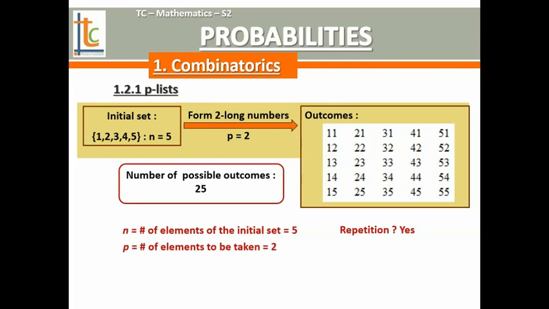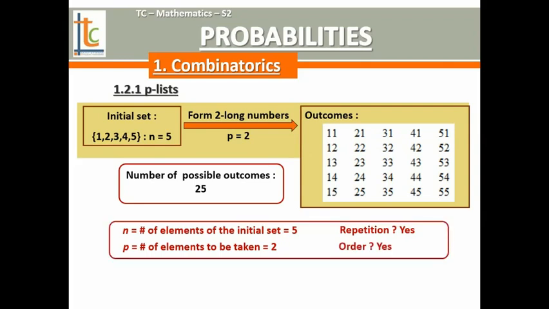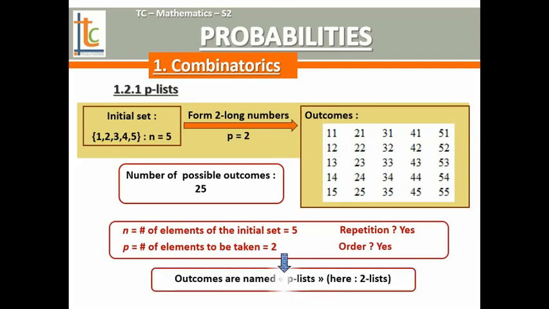There are two different figures, or two different numbers, sorry. 12 is not 21. So you have to take the different orders into account. If both answers are yes, you are in the case of p-lists. So your outcomes are named p-lists, and here, more precisely, 2-lists, because there are lists of two figures.